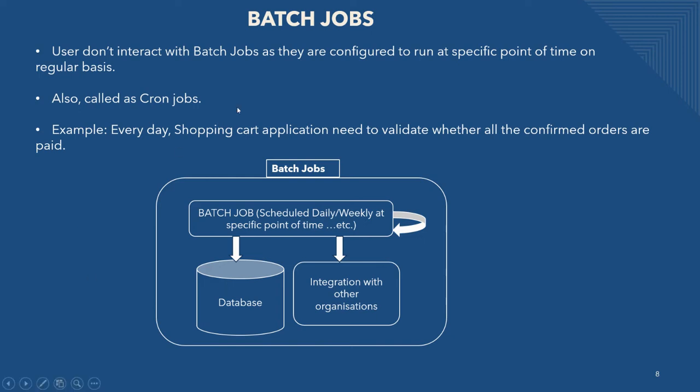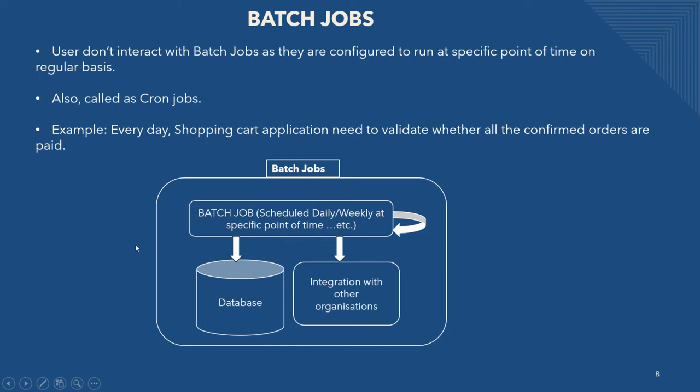Users don't interact with batch jobs, and they are configured to run at a specific point in time on a regular basis. These are also called cron jobs. It's pretty much the same structure as web APIs, but this is not being called by anyone. They call themselves at regular intervals, look at the inventory, and upload it to the database.